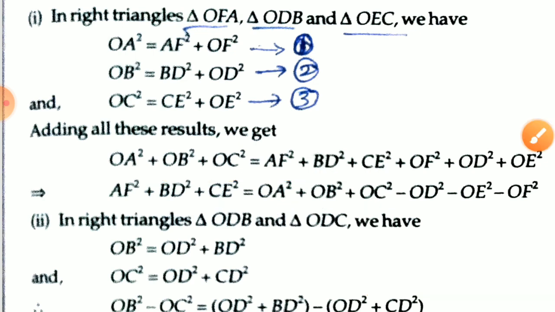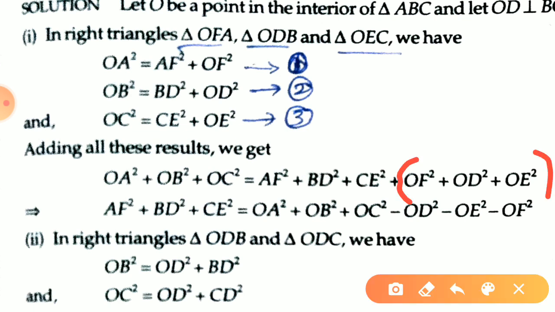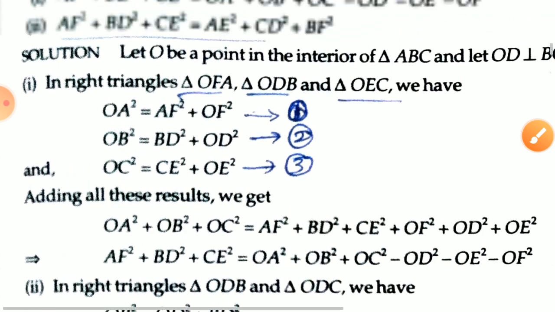If we take this bracket to the left hand side, it will become minus: minus OF square, minus OD square and minus OE square. The signs of the terms in the bracket will get changed. So AF square plus BD square plus CE square is equal to OA square plus OB square plus OC square minus OD square minus OE square minus OF square.